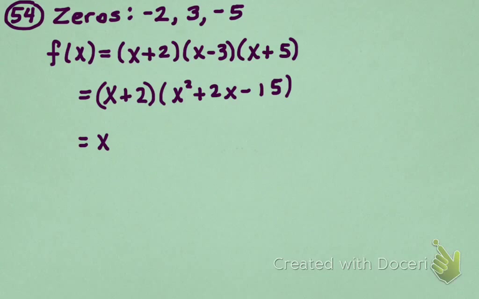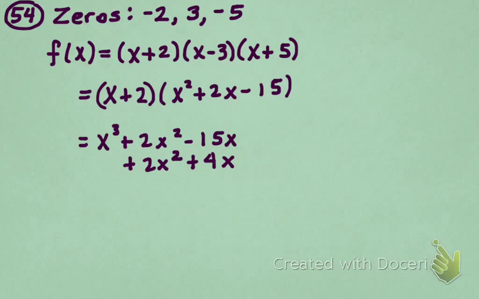If I distribute the x, I get x cubed plus 2x squared minus 15x. And now I'm going to distribute the 2, and if I distribute 2 onto my trinomial, I get plus 2x squared, and I'm going to start it so that it lines up with its like term above it. And then 2 times 2x is plus 4x, and then 2 times minus 15 would be minus 30.